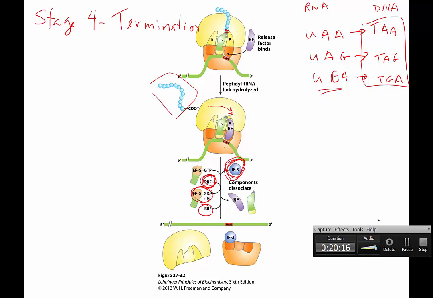Everything then dissociates, and the initiation factor 3 binds, preventing the reassociation of the 50S. And so then the ribosome can reassemble at a start codon, ribosomal binding site, and carry out another polypeptide synthesis. And so you wind up with this complex at the end, and you get the release of all the other components, the messenger RNA, and so forth.